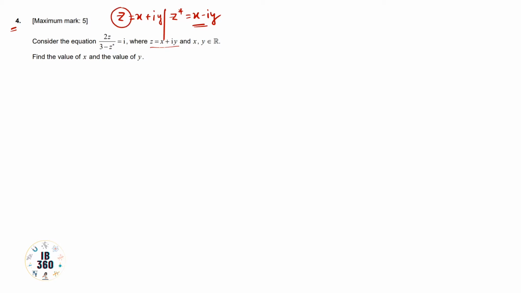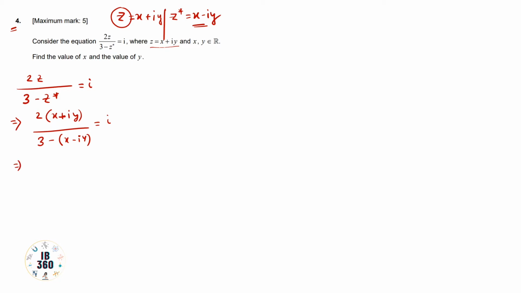Now the problem becomes very easy: 2z divided by 3 minus z star equals i. So now we will put the value. The value of z is x plus iy, so 2 times (x plus iy) divided by 3 minus z star, which is x minus iy, equals i.